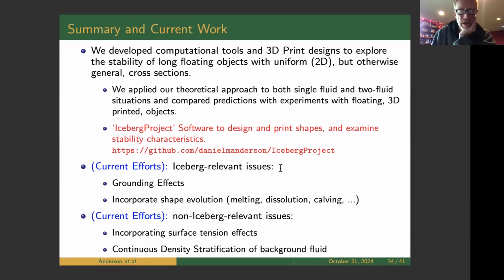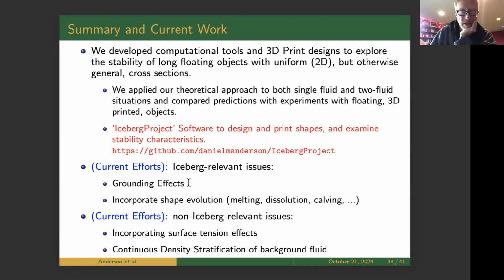Some of the current future efforts we're thinking about, at least kind of curious about, putting in a grounding effect. So there's some feature of this floating iceberg that's partially supported by something underneath. Shape evolution is certainly something we're interested in.